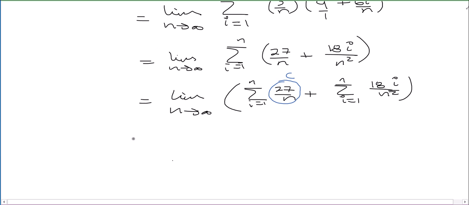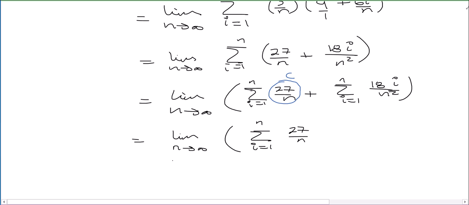And so I'm just going to rewrite it slightly, just to be clear here. So I'm going to leave it as 27 over n. This is just our c, our constant. There's no i, right? When you have the summation, the i is the thing that's changing. So i is the variable, n is a constant.